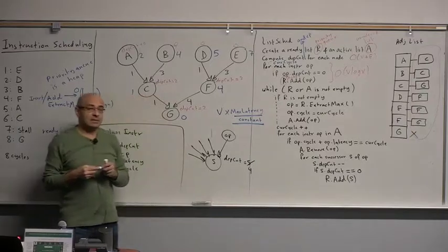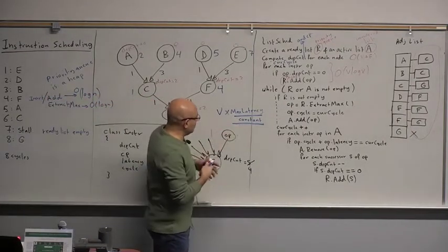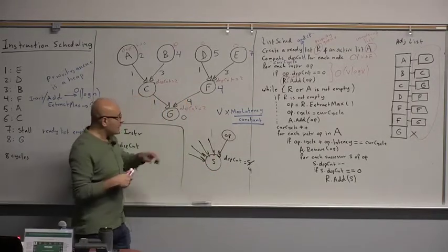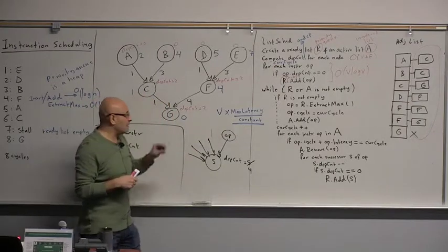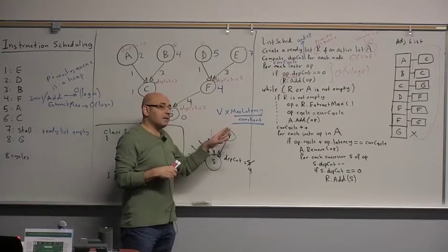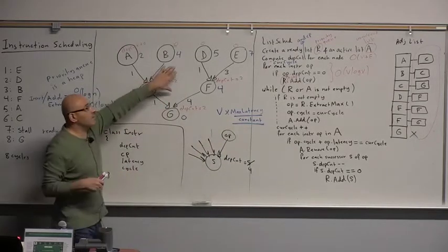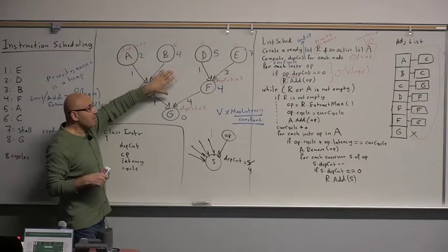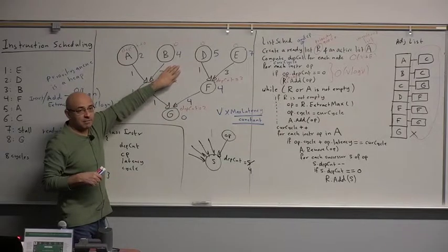What does it mean for a parameter to be a constant in an algorithm? The maximum latency is a constant in the sense that it does not depend on the size of the input. In other words, it does not depend on the size of the data dependence graph. The input to this algorithm is this data dependence graph.